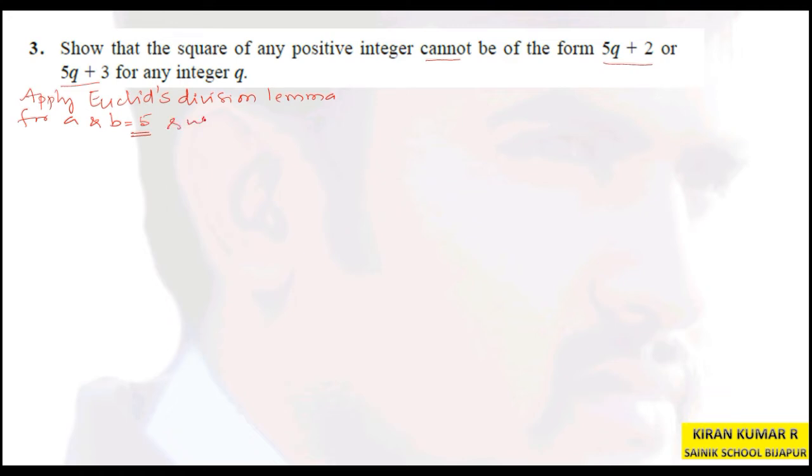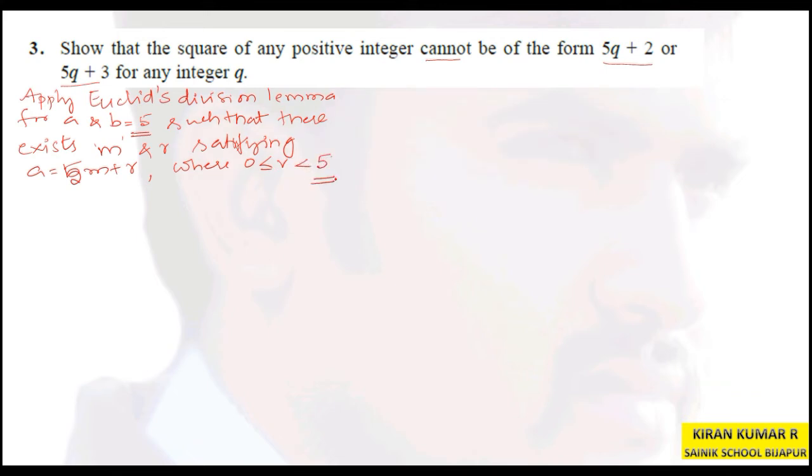Such that there exist, in this question I am taking m and r satisfying a is equal to 5m plus r, where 0 less than or equal to r less than 5.